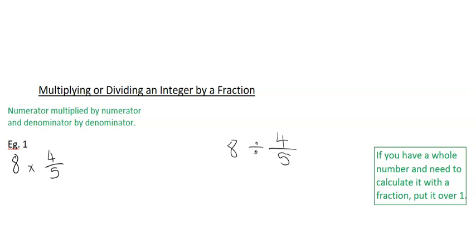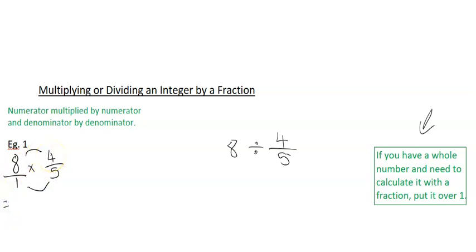But have a look at this green box over at this side. If you have a whole number and need to calculate it with a fraction, put it over 1. So I can add a denominator of just 1. Okay, so now we have numerators and denominators, and it's just top by top, bottom by bottom, simple as that.